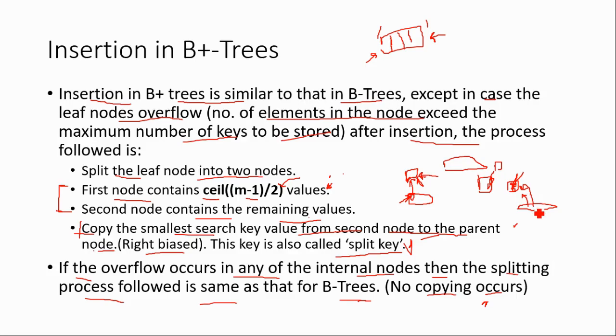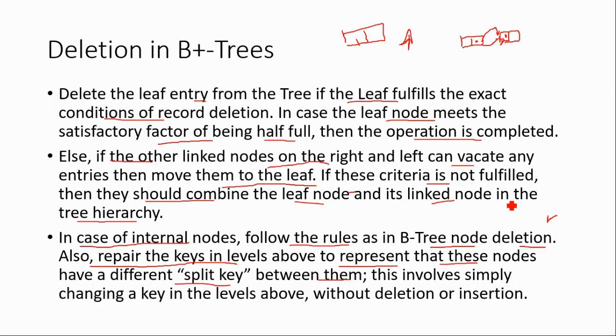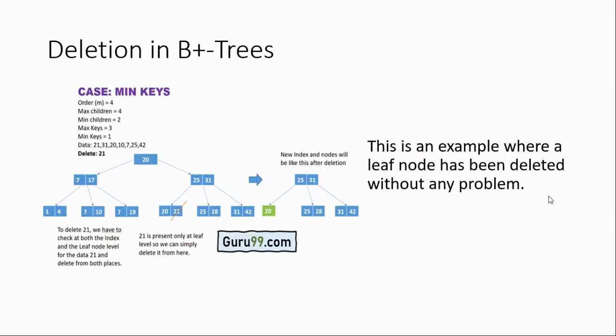We have to copy one element as the key, since the earlier key has been deleted. So this involves simply changing a key in the levels above without deletion or insertion. We just copy an element from the lower leaves to adjust the upper nodes.